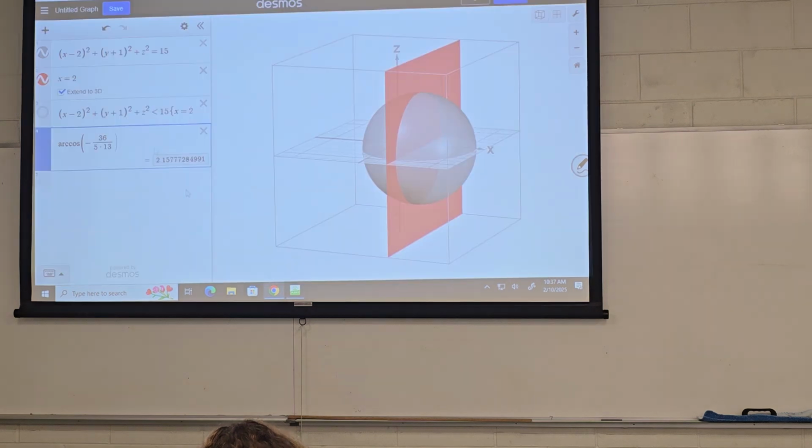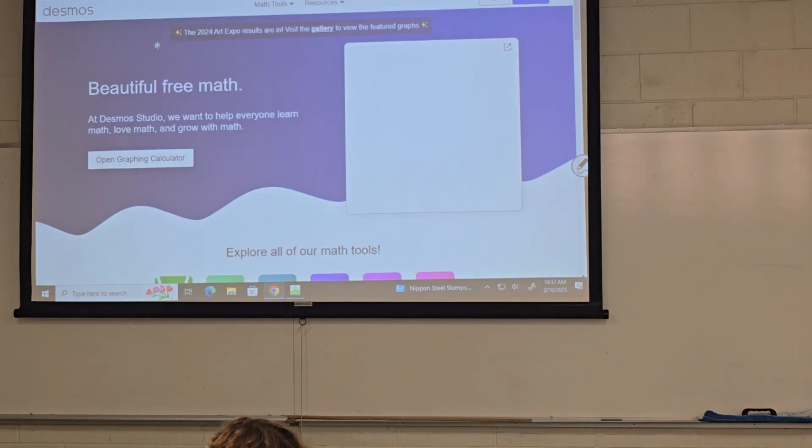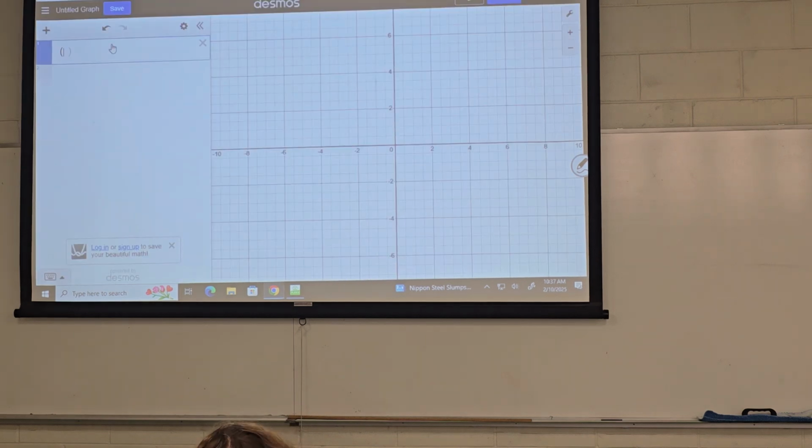Let's check this one out. Let's make sure that this holds up. This is part of it, just the origin. Fun fact, Desmos does not believe in to the third power.